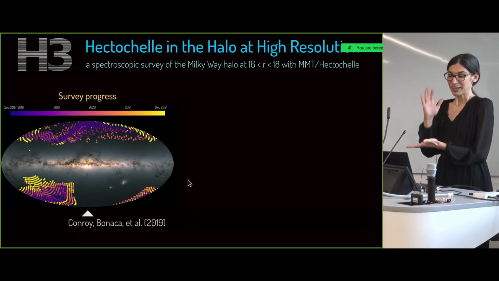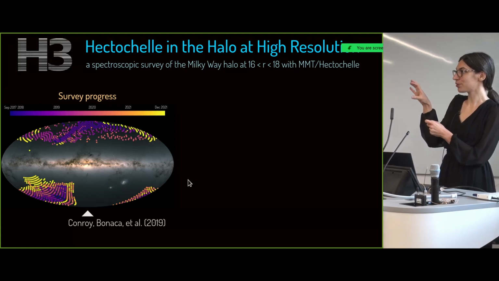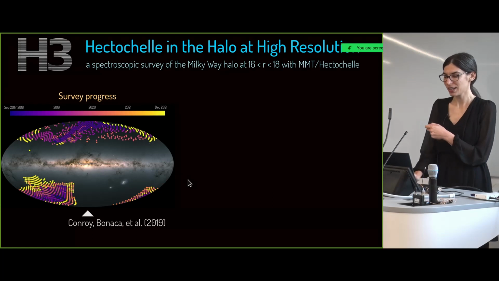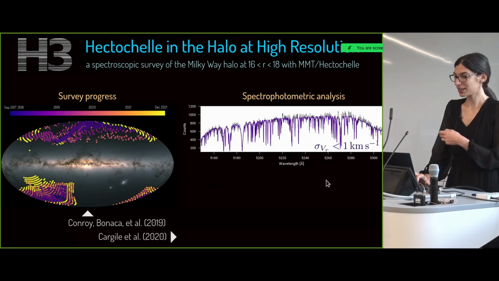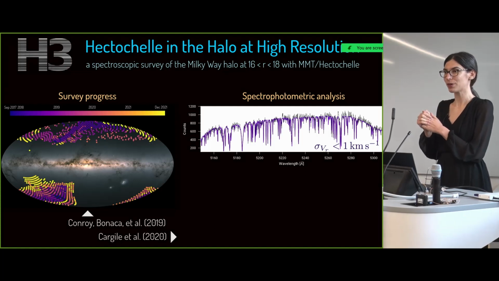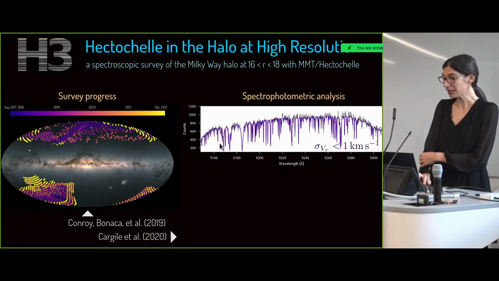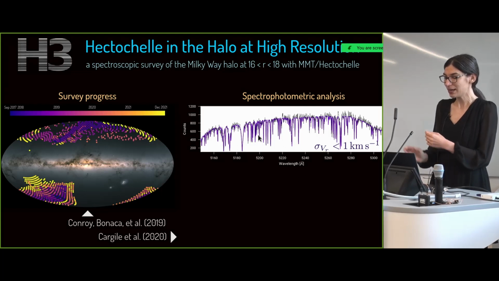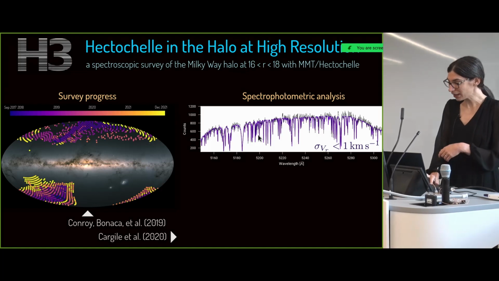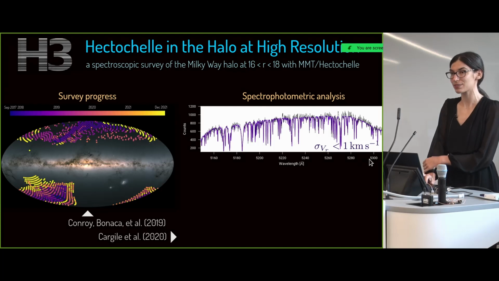Every pointing here has, it's a fiber-fed spectrograph that has 200 science fibers in every pointing. And we have been observing in a very small wavelength region around the magnesium B triplet that has these very strong magnesium lines, at a high resolution of 30,000, which enables us to measure radial velocities very precisely.